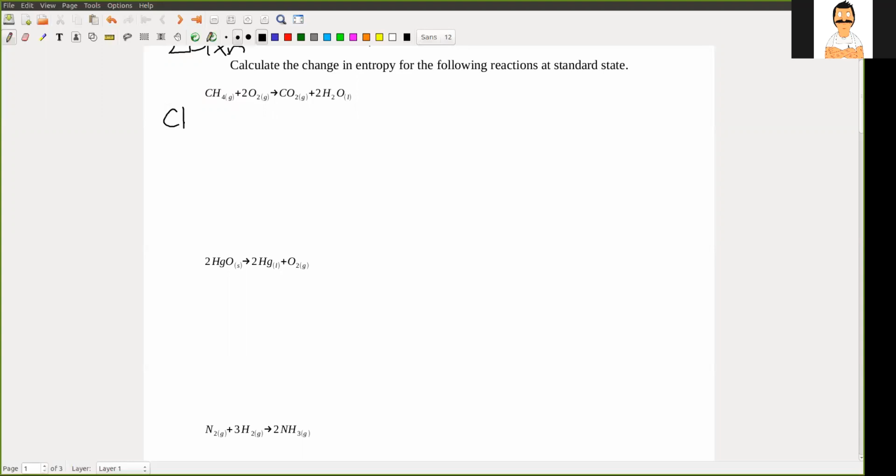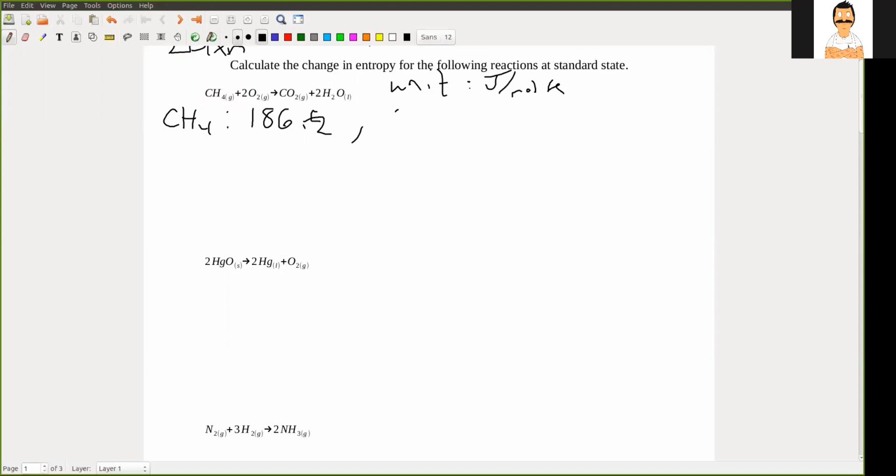So we have methane, and its entropy is 186.2. And the units that we're dealing with in entropy are joules per mole Kelvin. I'm not going to bother writing the units until the end, but as a matter of good practice, you might want to keep the units in mind.